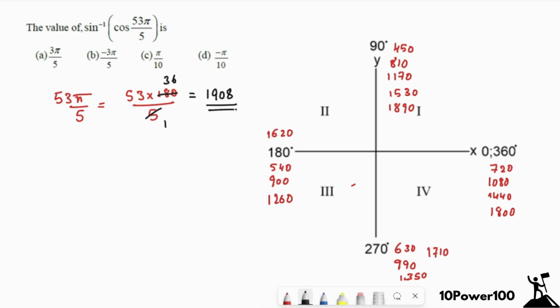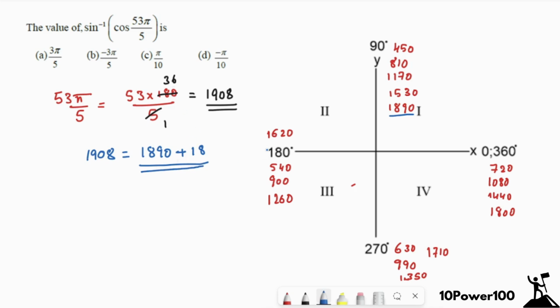This 1908, the closer value is 1890. So 1908 can be written as 1890 plus 18 degree.